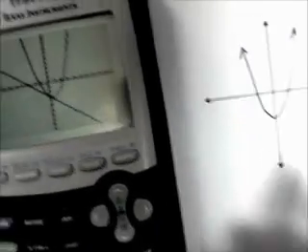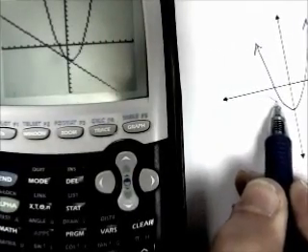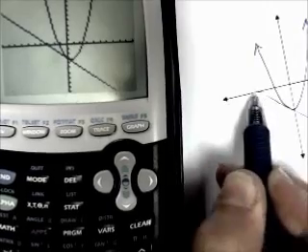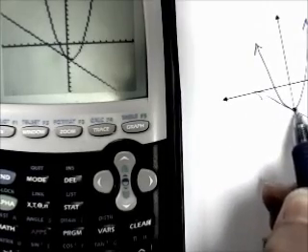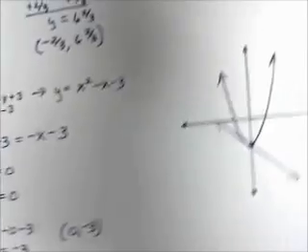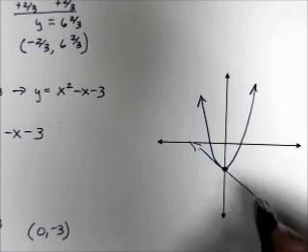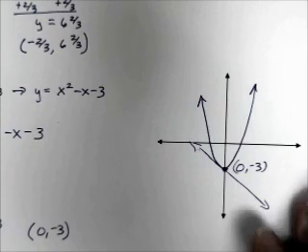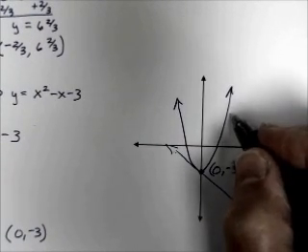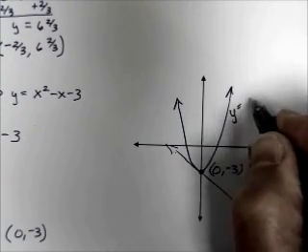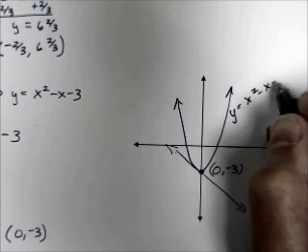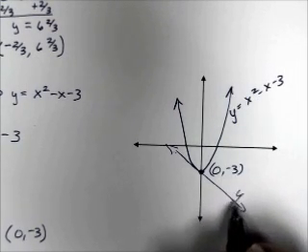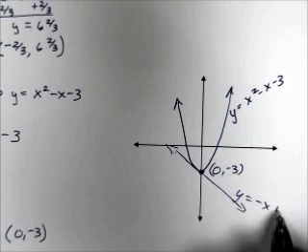Try to draw this fairly accurately. It's close. 0, negative 3. So we note the point of intersection. Let's not forget, make sure we label our graphs. Minus 3.